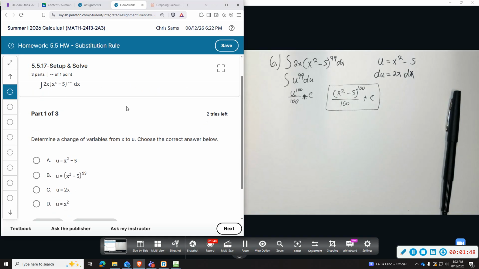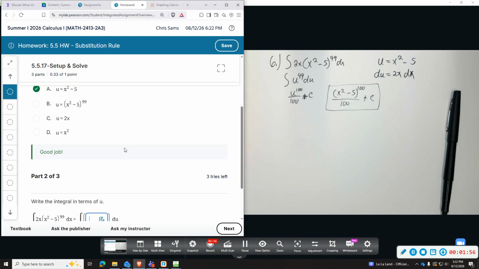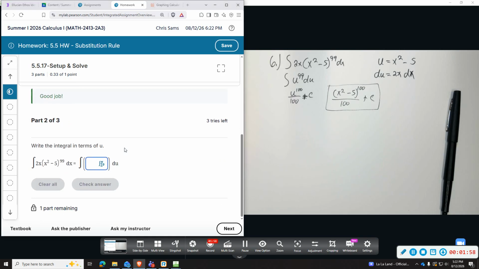And so u would be that inside, x squared minus 5. The integral in terms of u would just be u to the 99th du, which they already have the du at the end. So just u to the 99th here.